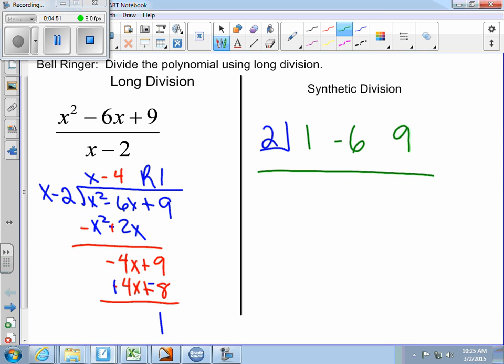So the algorithm for synthetic division is you take this first coefficient and add it down, straight down. So start by add down. Then you're going to multiply this 2 by this 1 and put it here.